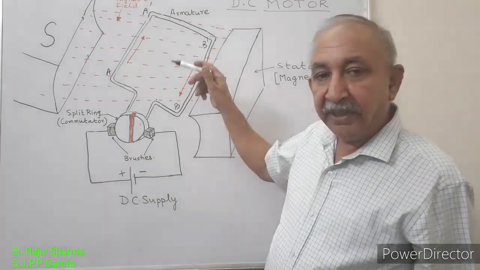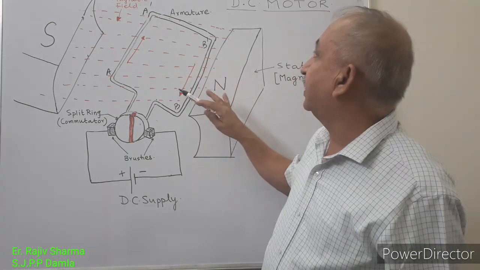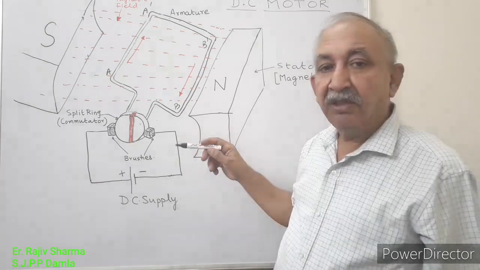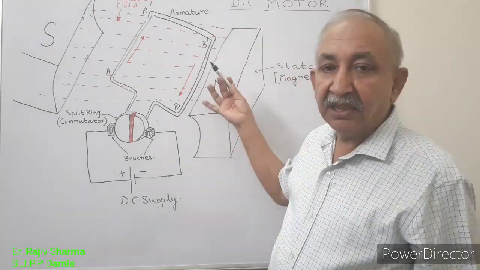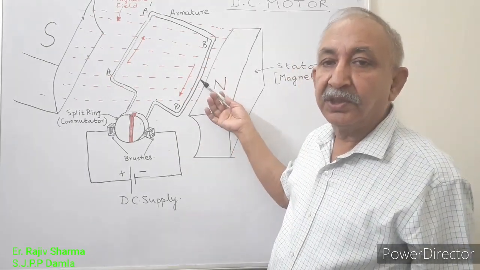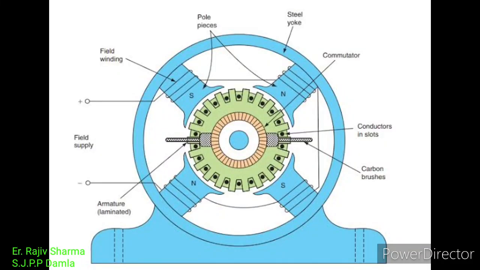So this was the elementary construction of the DC motor, and now we shall discuss the practical construction of a DC motor. We have a number of coils which are connected to the split ring, which has been split into a number of parts.